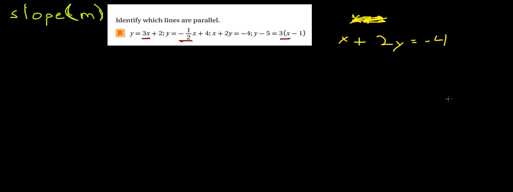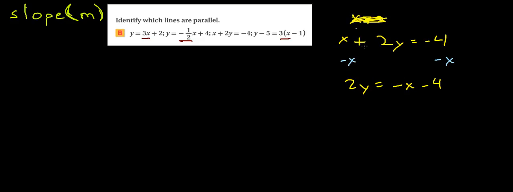Cool. So what you want to do is isolate the variable. Let's put it in slope-intercept form. So I'm going to subtract x from both sides, and when I do that, I end up with 2y equals negative x minus 4.